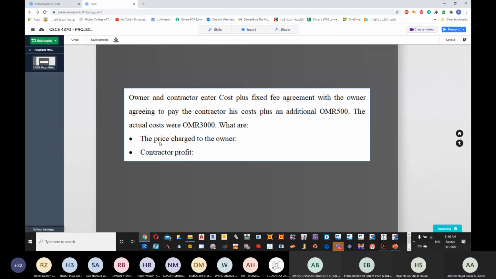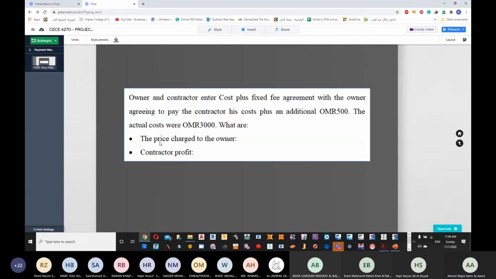The owner is going to be on the safer side because the value he is paying as a profit is only 500 riyals. Now, will the contractor try to finish the project very fast, or will he not care about the time? The owner is on the safer side, of course.